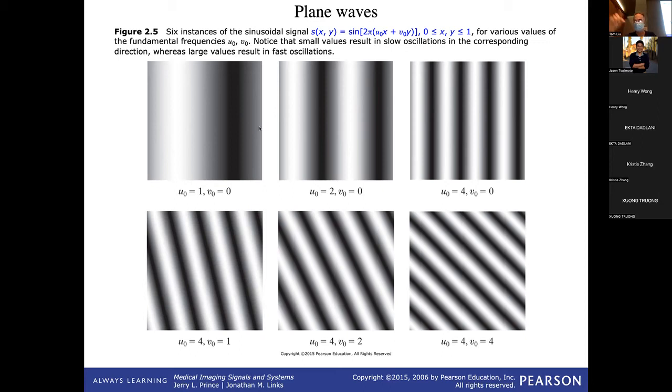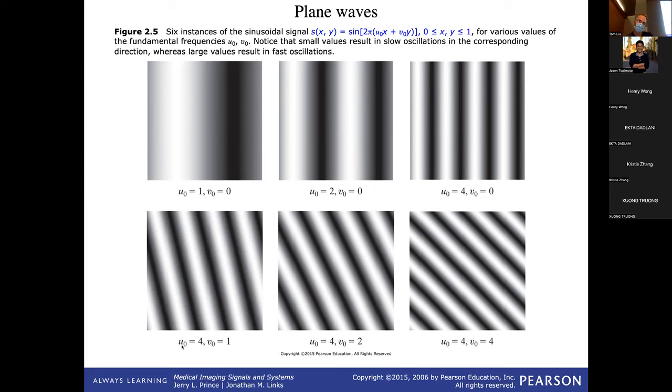So it's 1 cycle of the sine wave, right? If I set it to 2, then the frequency of that sine wave increases, and I go through 2 cycles over 1 unit of x. Same thing with 4, I go through 4 cycles. So I can set the frequency of my plane wave just by changing the value of mu naught in this formula, okay?